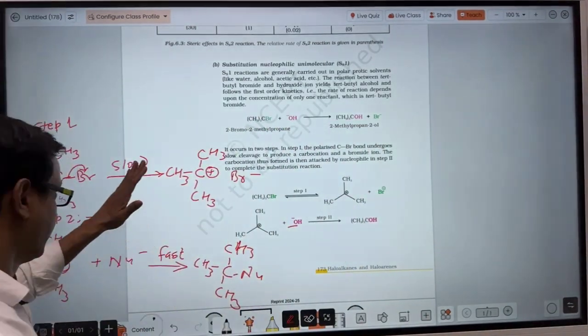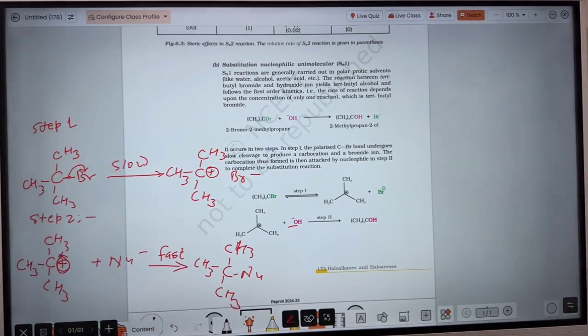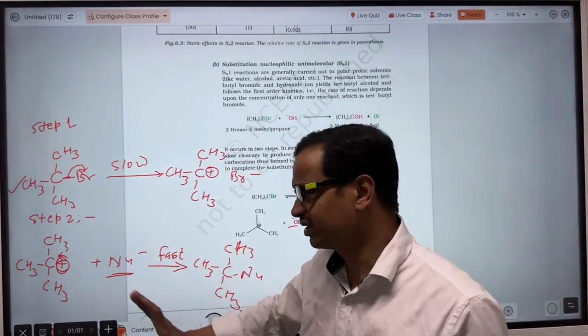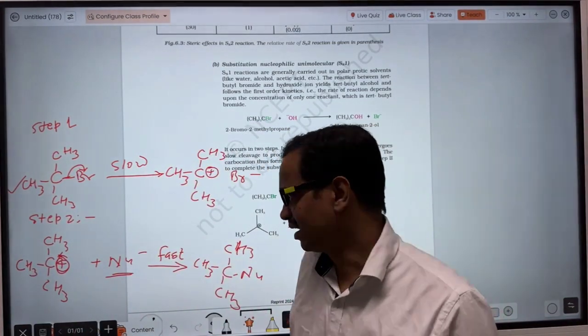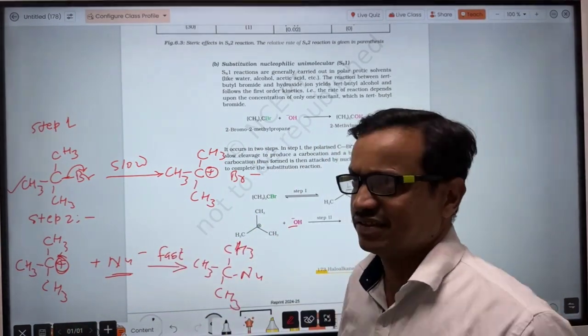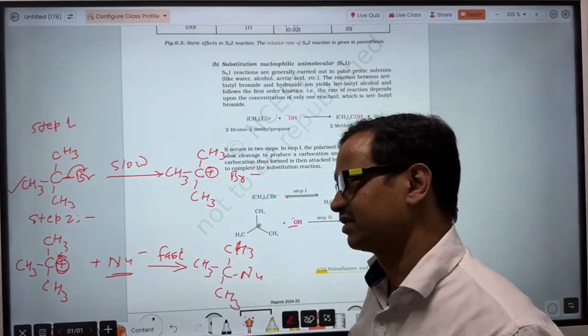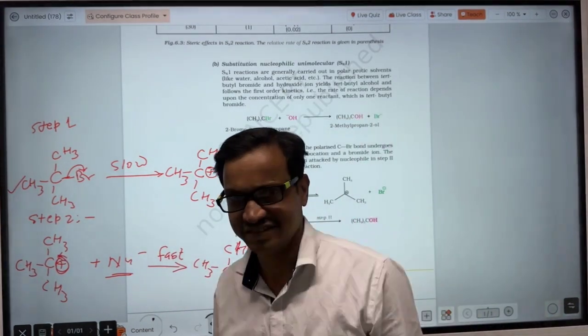So here same, in chemical kinetics also, the slow step is the rate determining step, and in the slow step there is involvement of haloalkane only, not the nucleophile. That's why the rate of reaction will depend on the concentration of haloalkane, but not on the concentration of nucleophile.